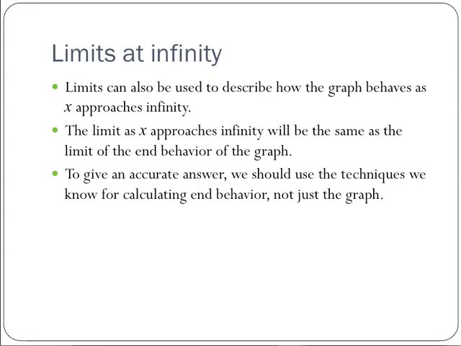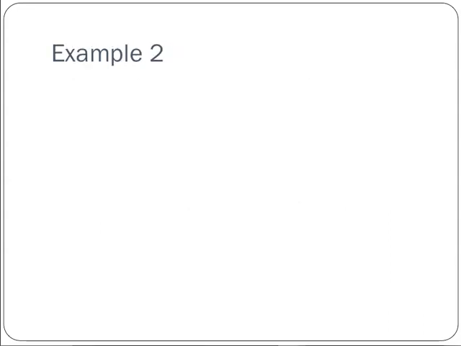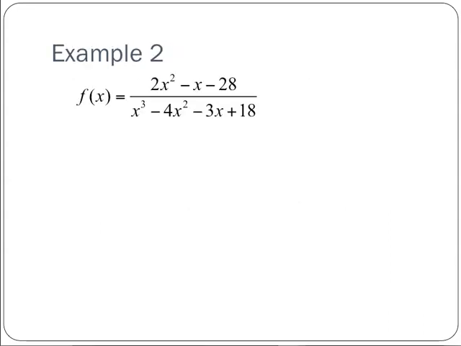Okay, so take a look at our next example here. We have f of x equals 2x squared minus x minus 28 all over x cubed minus 4x squared minus 3x plus 18. To determine the limit of this function as x approaches infinity, we look at the end behavior, which we can determine by comparing the degree of the numerator and the degree of the denominator.